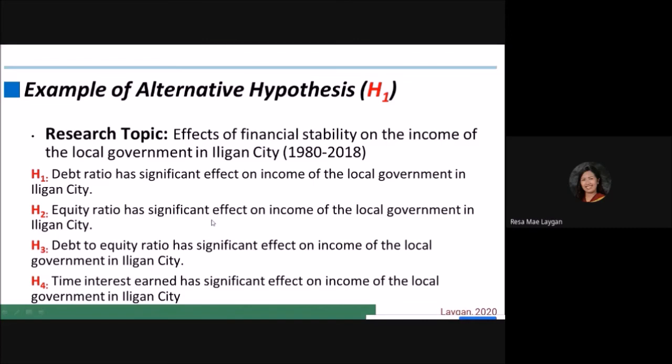So it shows that the two phenomena have a significant relationship with each other. Again, the same with the null hypothesis, I'm going to prove if this alternative hypothesis is true or not. If it is true, then I'm going to accept this hypothesis.